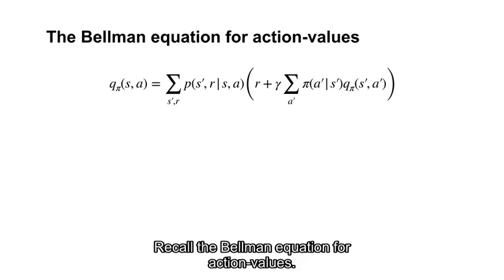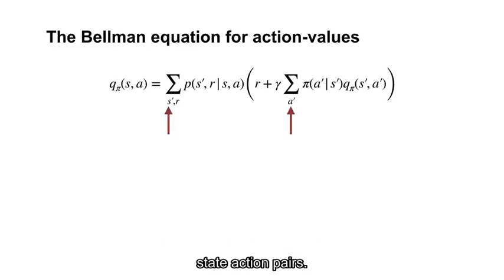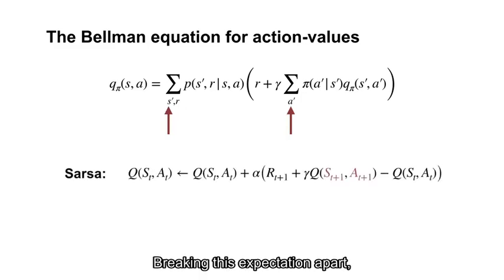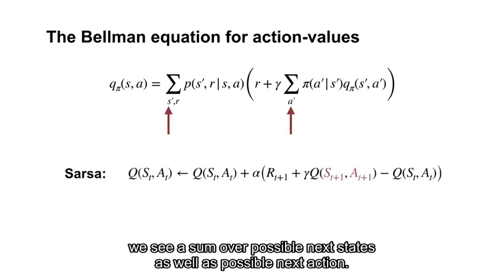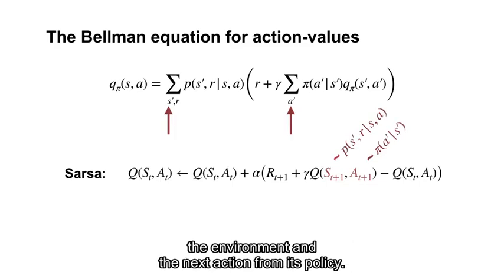Recall the Bellman equation for action values. Here you can see the expectation over values of possible next state action pairs. Breaking this expectation apart, we see a sum over possible next states as well as possible next actions. SARSA estimates this expectation by sampling the next state from the environment and the next action from its policy.